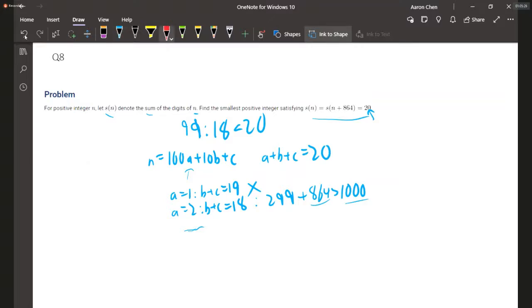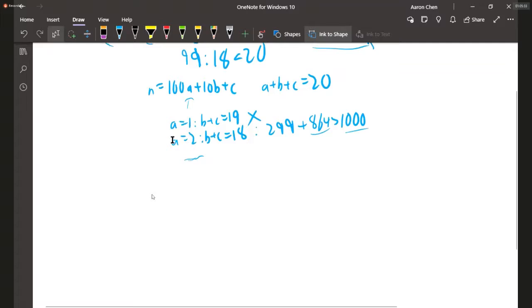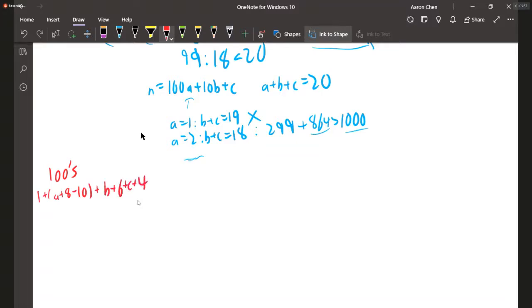And so now we can split into cases on whether or not the other digits carry. So first of all, we look at the case where only the 100th carries. And if this is true, the thousandth digit is 1, and the 100th digit is a plus 8, and then you have to subtract 10 because of the carry, and it's b plus 6 plus c plus 4.